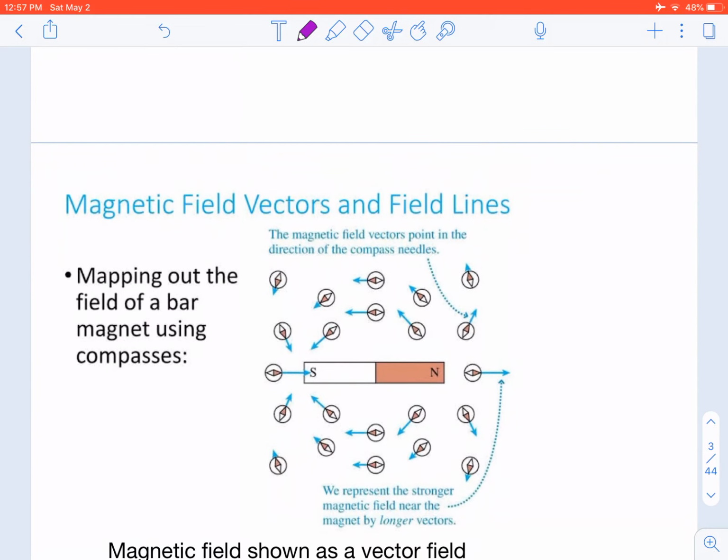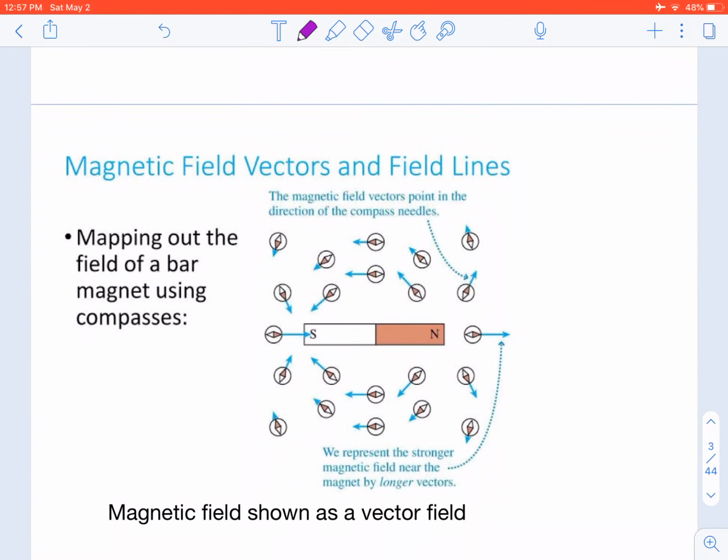So let's look at how we illustrate it by using a vector field. If you look at this, we've got a north pole and a south pole, and then we've got compasses in the region of this particular magnetic field.